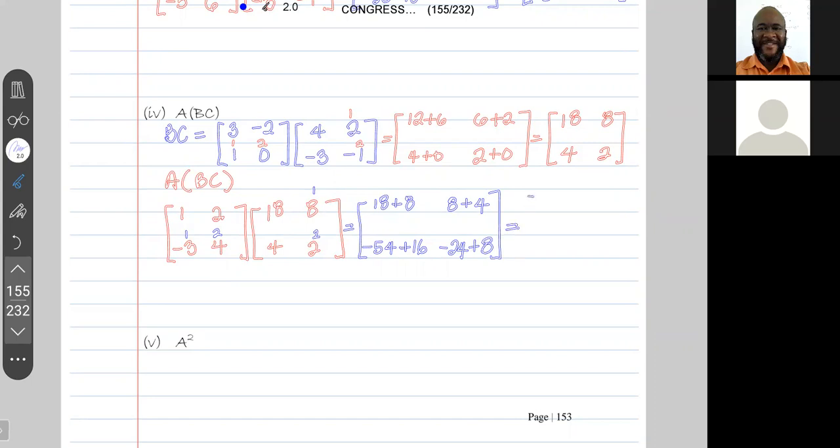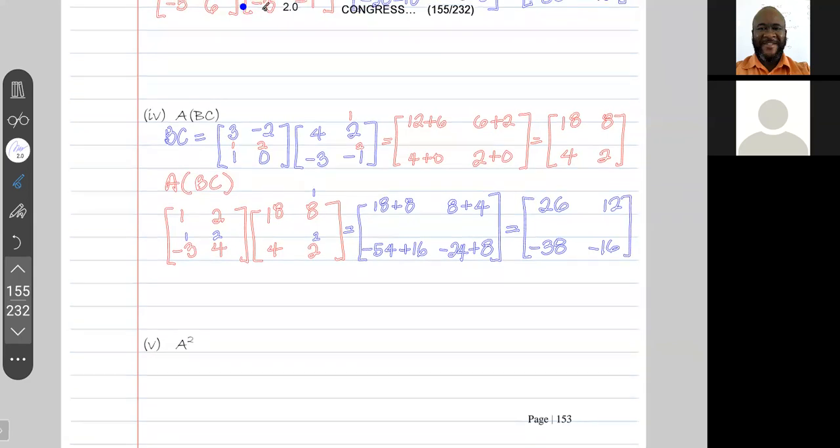So up here we have, what is this, 26? 12. This is what, -38? I think it's -38, yeah. And -16.